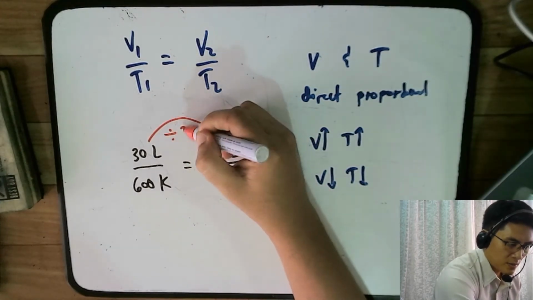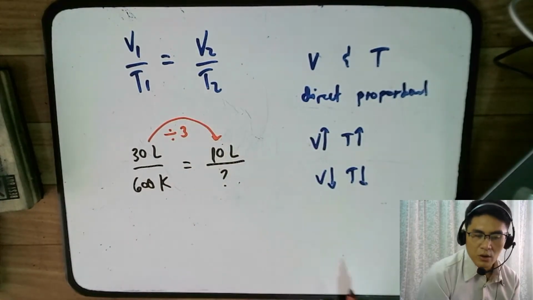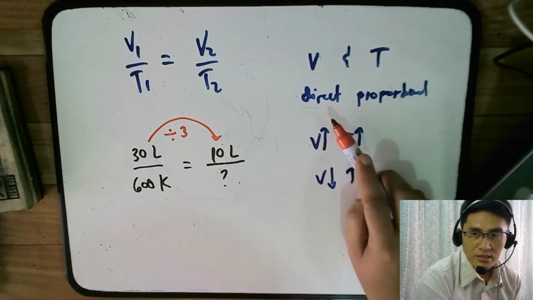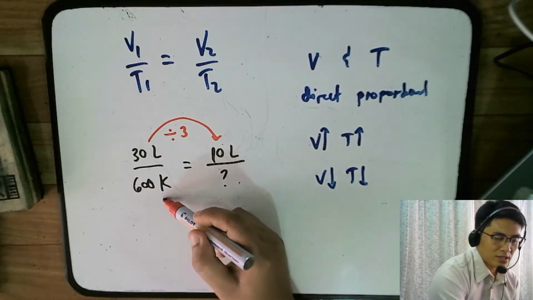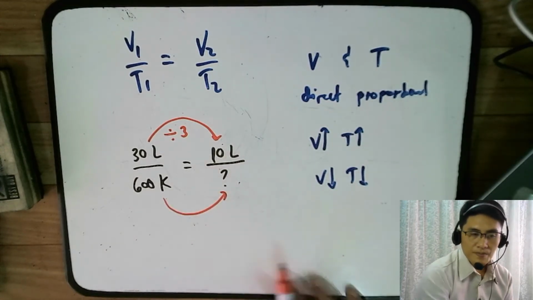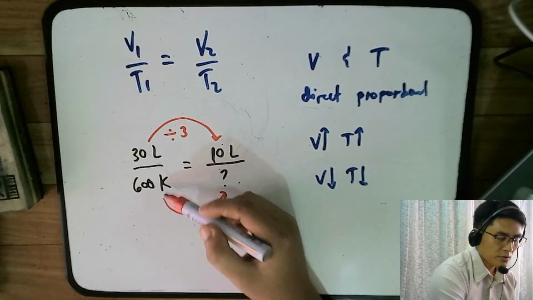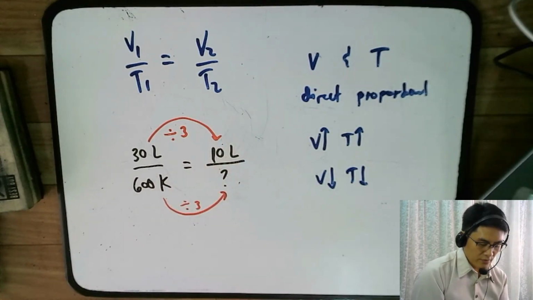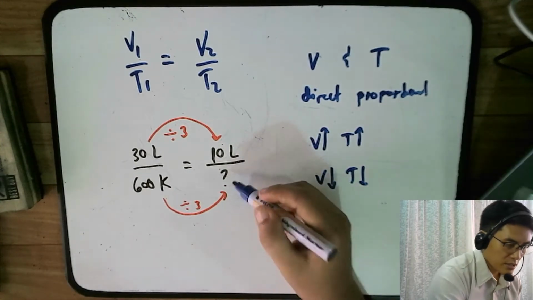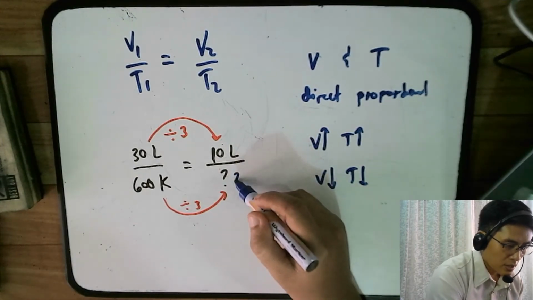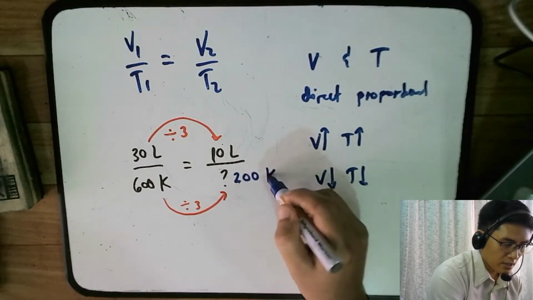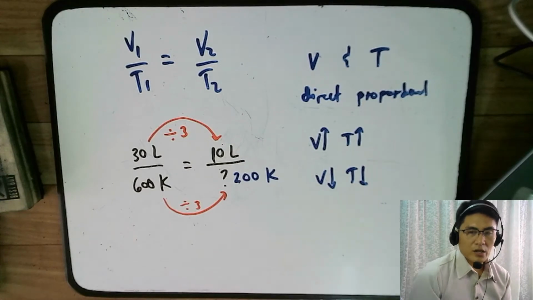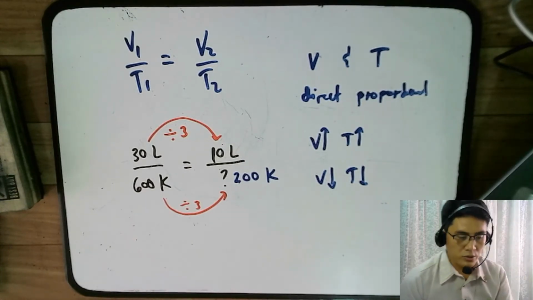And since you know that volume and temperature have a direct proportionality between them, the same thing happens to the temperature. So your 600 Kelvin will also be divided by 3 to give you the answer. And obviously that answer will be what? 200 Kelvin, right?